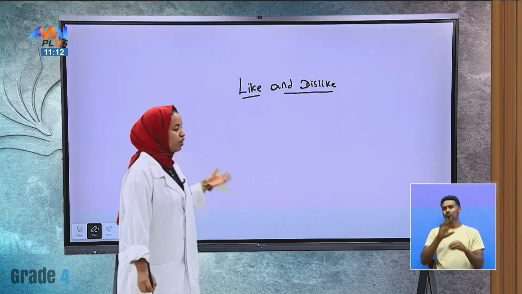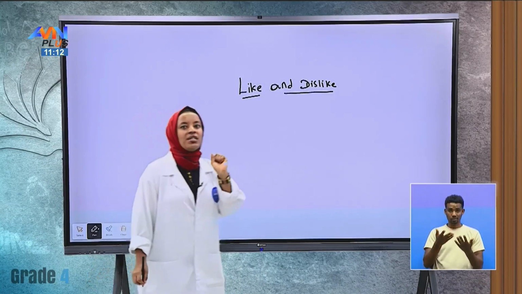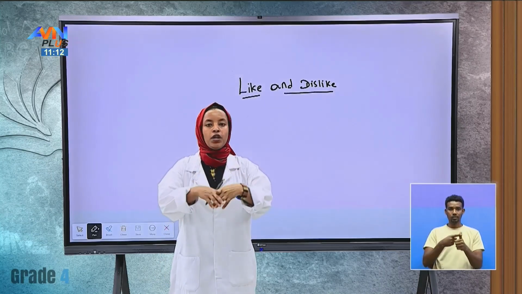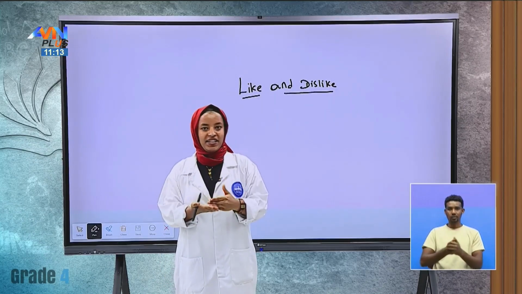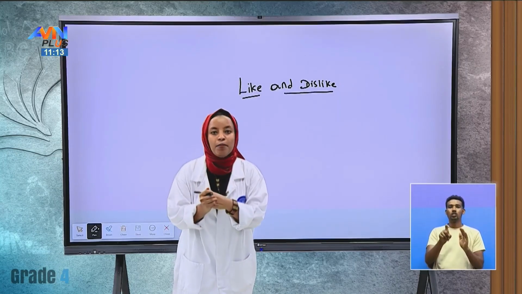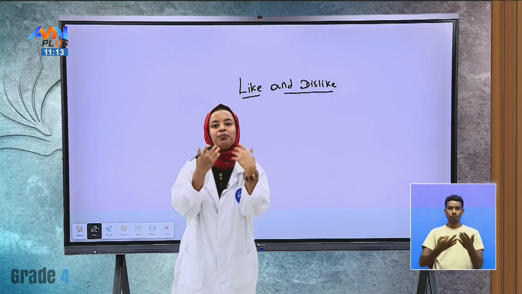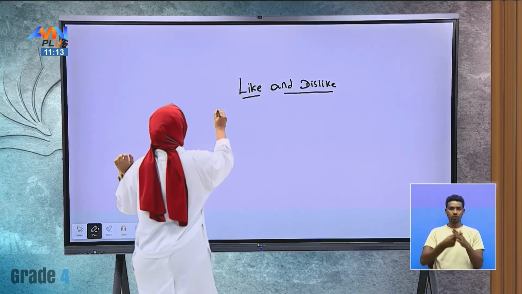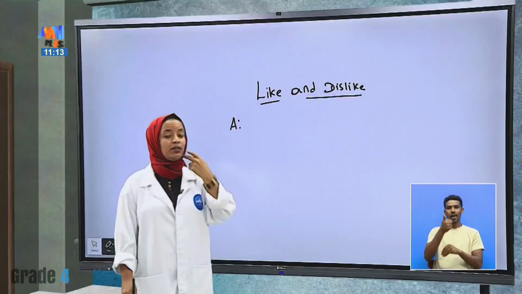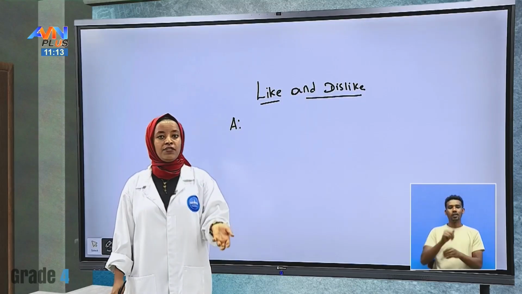So let us continue with 3 forms of sentence. The first one is affirmative or positive sentence, and negative, and also interrogative. But we are going to start with dialogue. Here is student A. We are going to start with what? Question form or interrogative form.